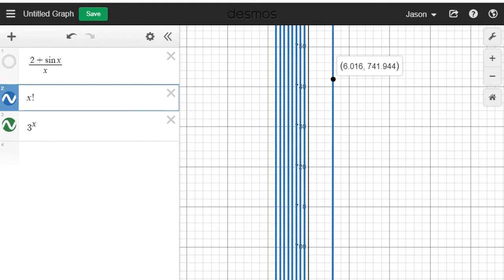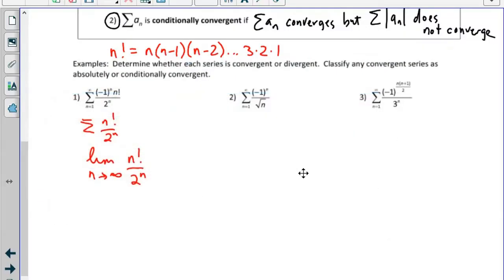Factorial is actually the biggest thing we deal with in this class. So as n goes to infinity, this is infinity, and therefore this is not going to work. That also means the alternating series test won't work on this, because the limit of our a sub n term does not go to 0, and so this series diverges.